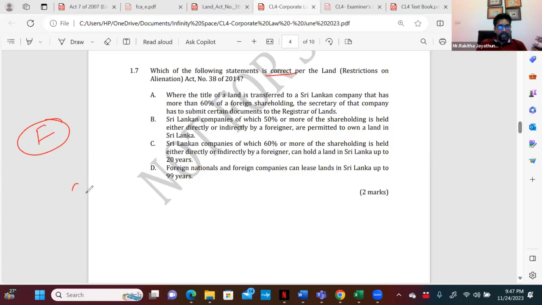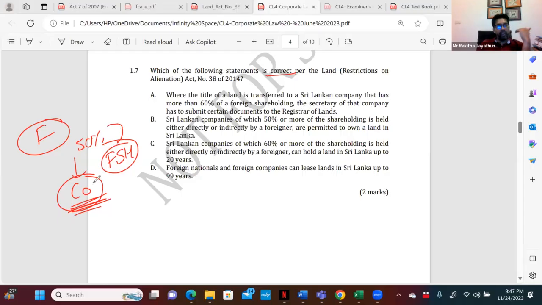Not only that, even if a company is owned 50% or more by foreign shareholders, then again that company cannot buy properties in Sri Lanka because this company is controlled by foreigners. Therefore, that company cannot buy properties in Sri Lanka.